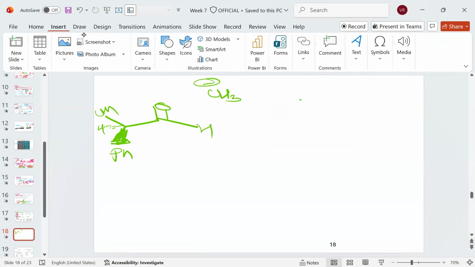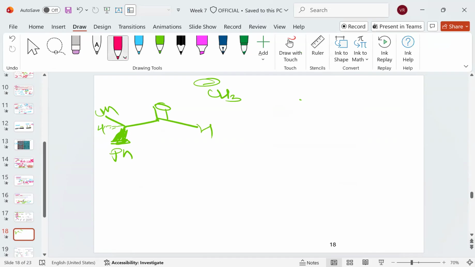So where does this attack take place, since this phenyl group is more bulky compared to the other groups.